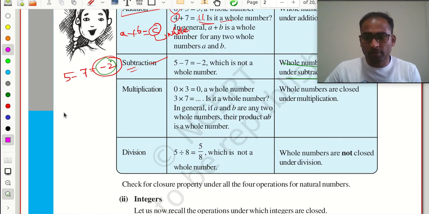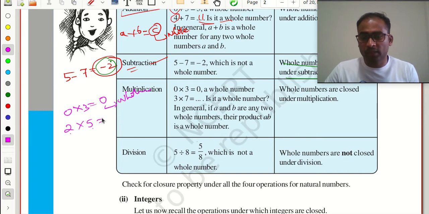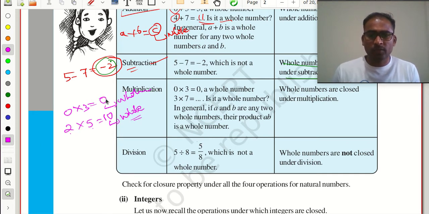Suppose I have the number 0 and I multiply it with 3, I get 0, which is a whole number. And suppose I have 2 and multiply with 5, both are whole numbers, and my result 10 is also a whole number. So we can say whole numbers are closed under multiplication.